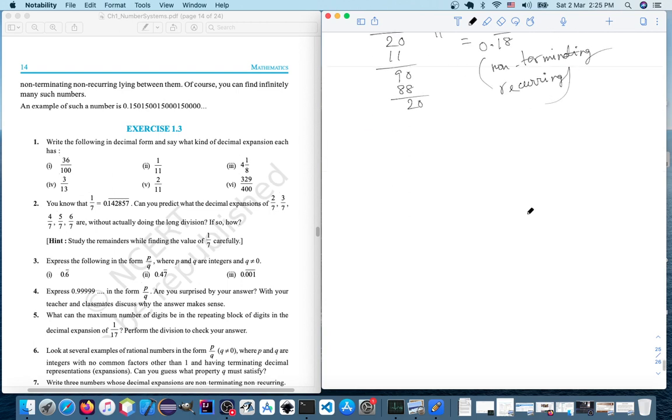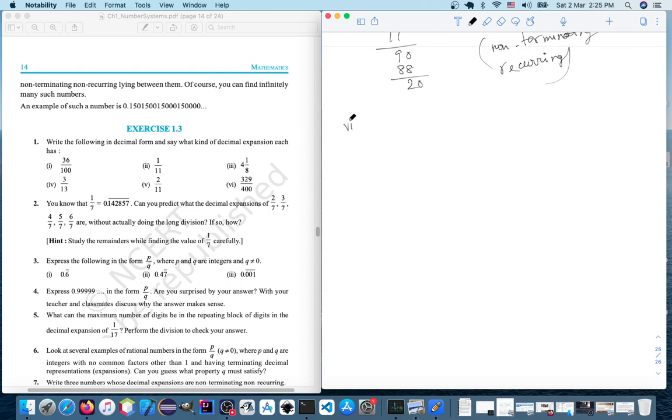Okay. What about 329 divided by 400? We can write it as 3 in the long division method by 100.